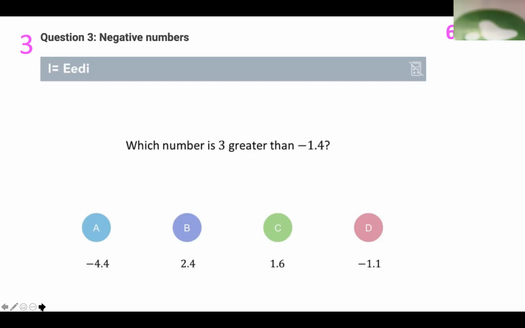Do not press enter yet. 3, 2, 1. Press enter. Let's see what you've got.